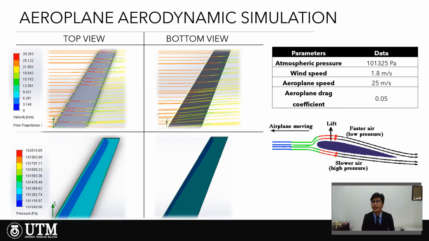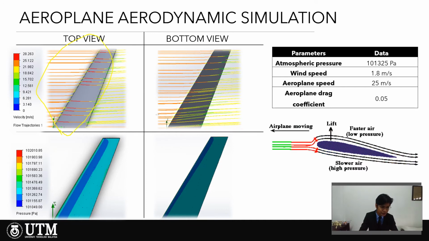Next, we move on to the aerodynamics. Dear panels, Bernoulli's principle states that higher pressure means lower velocity, or the other way around. Higher velocity will cause low pressure. As you can see in the top view of the aeroplane wing, you can see relatively very high velocity here, in red.